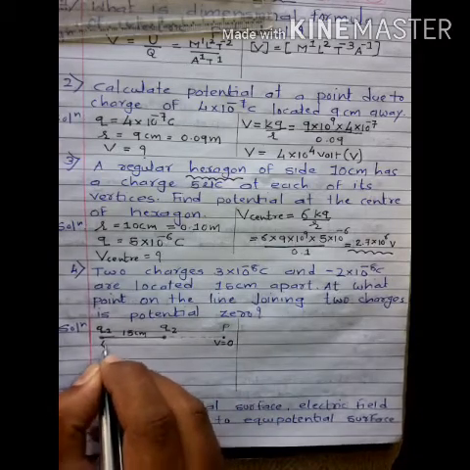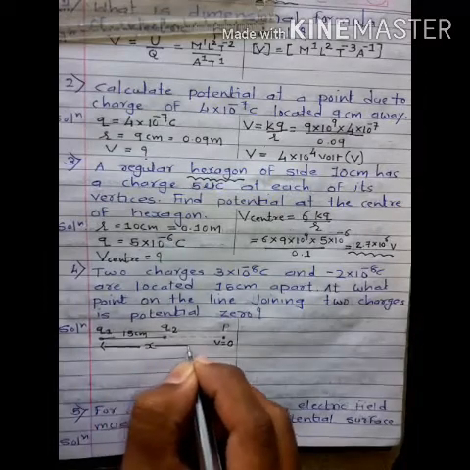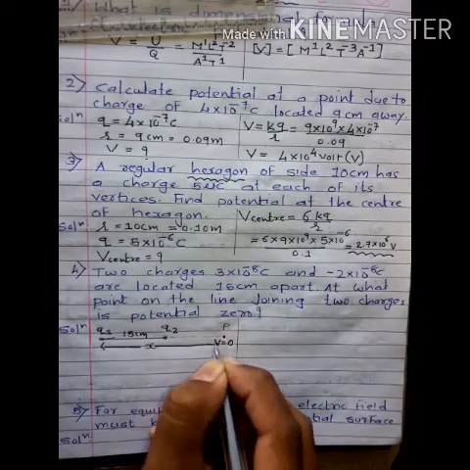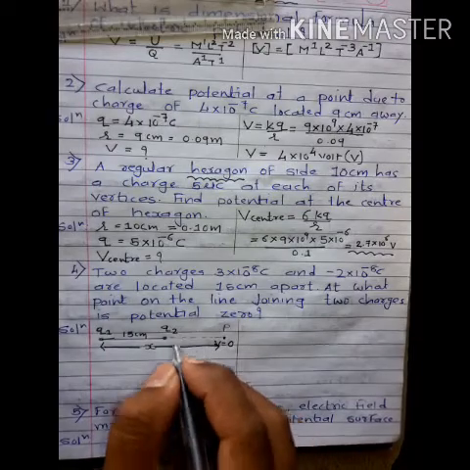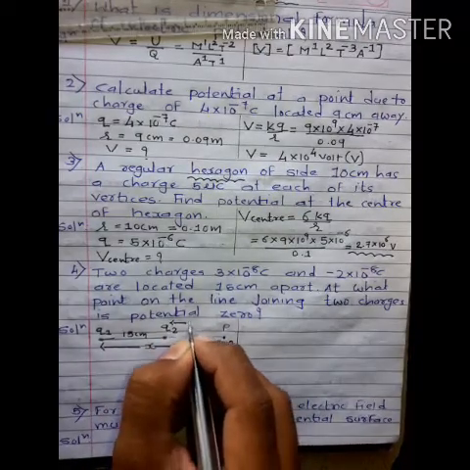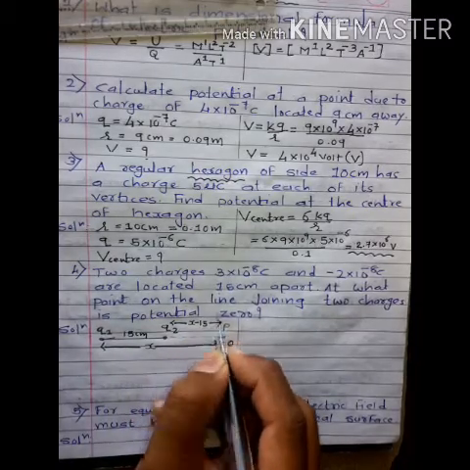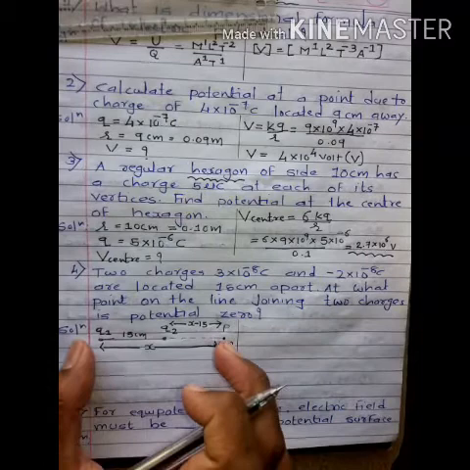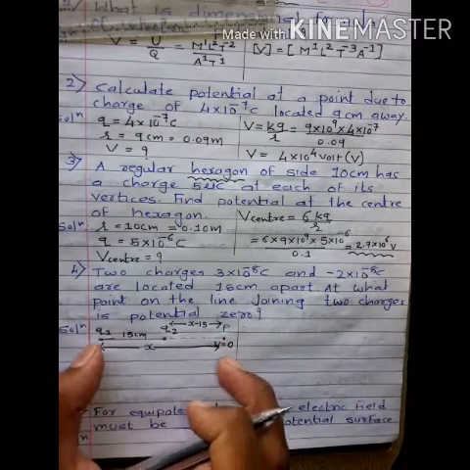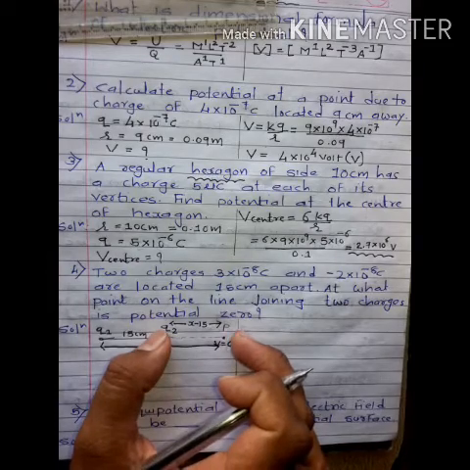Suppose the distance of point P from charge Q1 is x. This distance is x. Clear? So the distance of point P from charge Q2 is x minus 15. Clear? So the distance between Q1 and point P is x, and the distance between Q2 and point P is x minus 15.